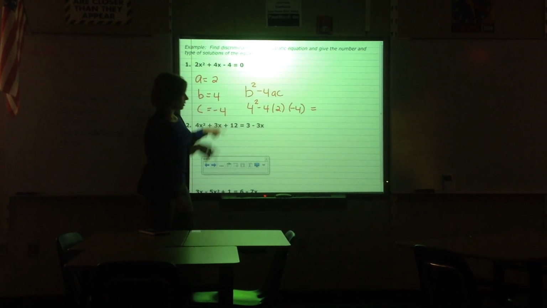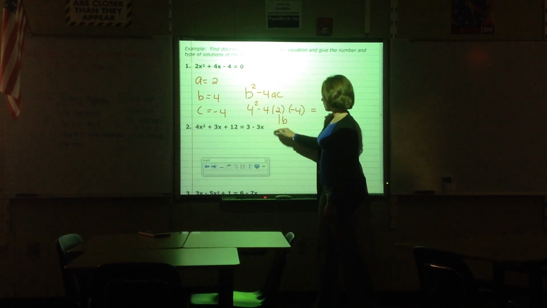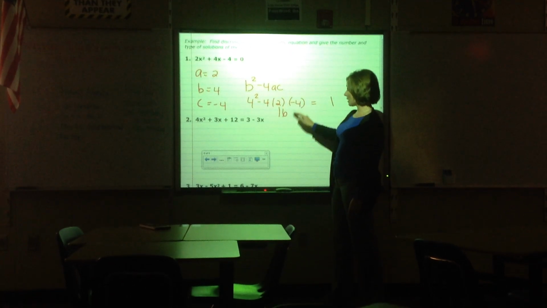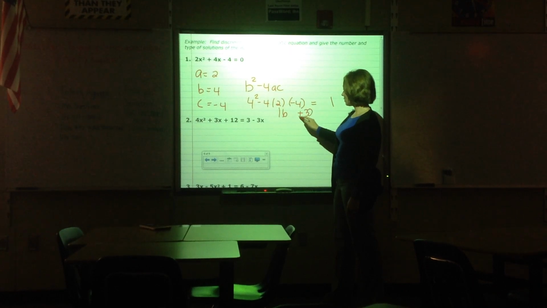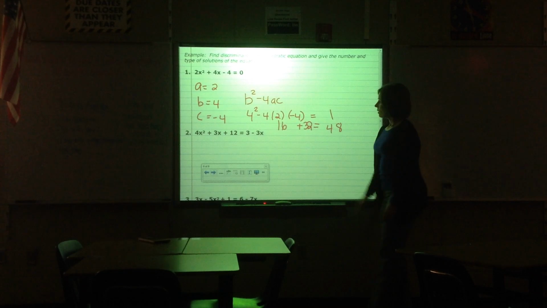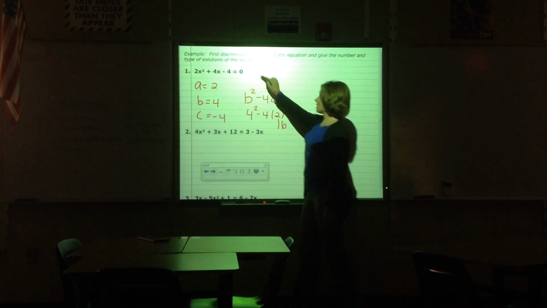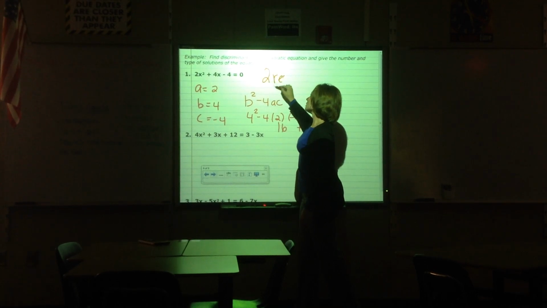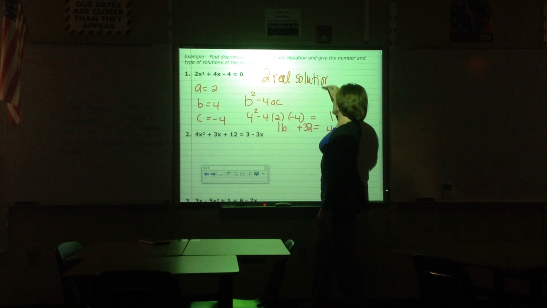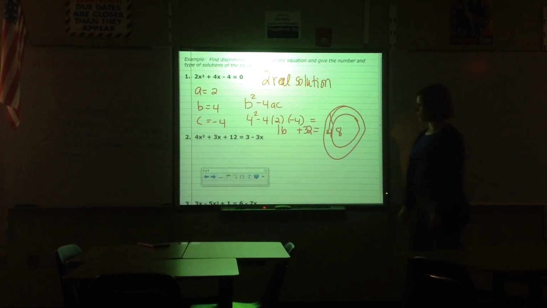Should be obvious to you that we get 16. Sorry, I'm going to come back over here to my board. 16. This is -8 times -4, is positive 32, is equal to 48. So we're going to have 2 real solutions in this case. And if you're asked what's the discriminant, it's 48. Okay?